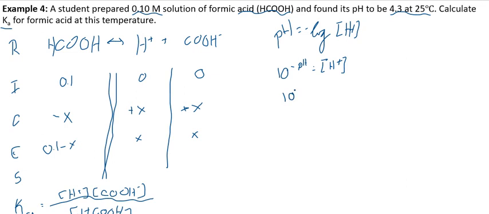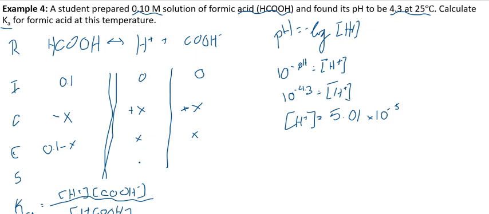So 10 to the negative 4.3 equals our concentration of H+. And our concentration of H+ is equal to 5.01 times 10 to the negative 5.